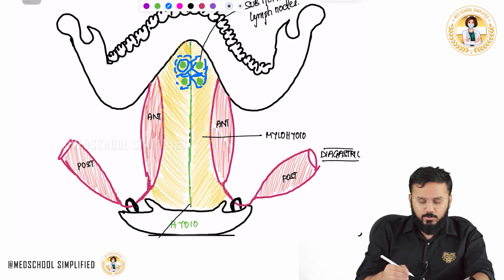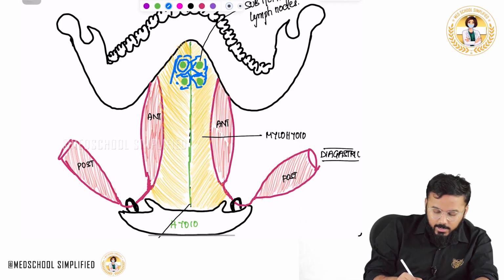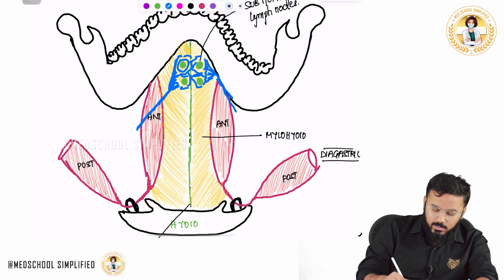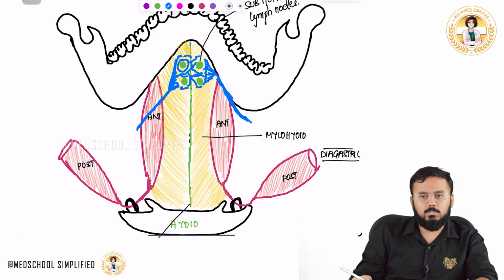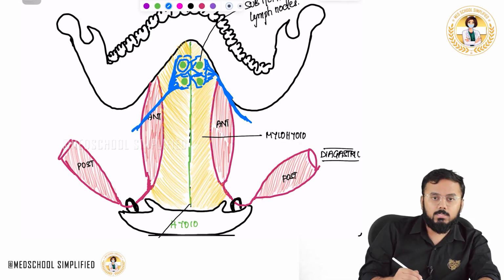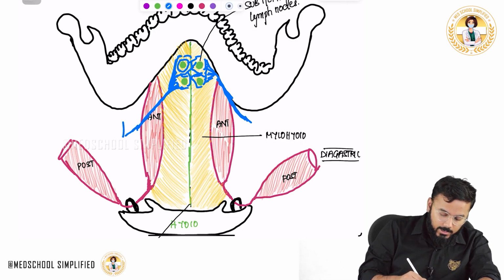So all these veins together enter into another important vein like this. This particular vein which I am drawing right now is called your submental vein. And this submental vein in turn will collect into another important vein like this.